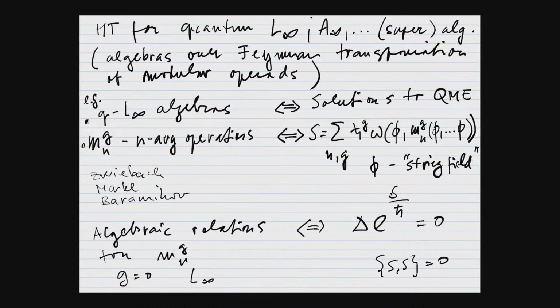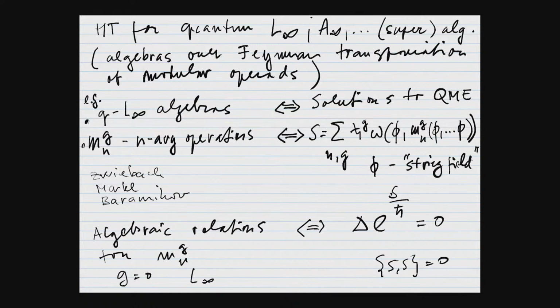And if you just plug into the quantum master equation, this will tell you that there are some algebraic relations for these operations. And these algebraic relations are the definition of a quantum L-infinity algebra. So you now have three definitions of, let's say, quantum L-infinity, quantum A-infinity, or whatsoever algebra.